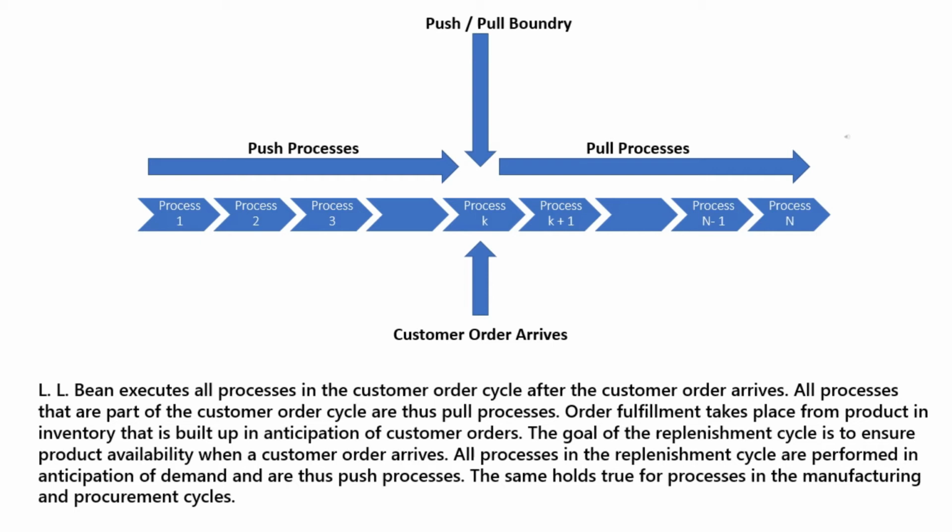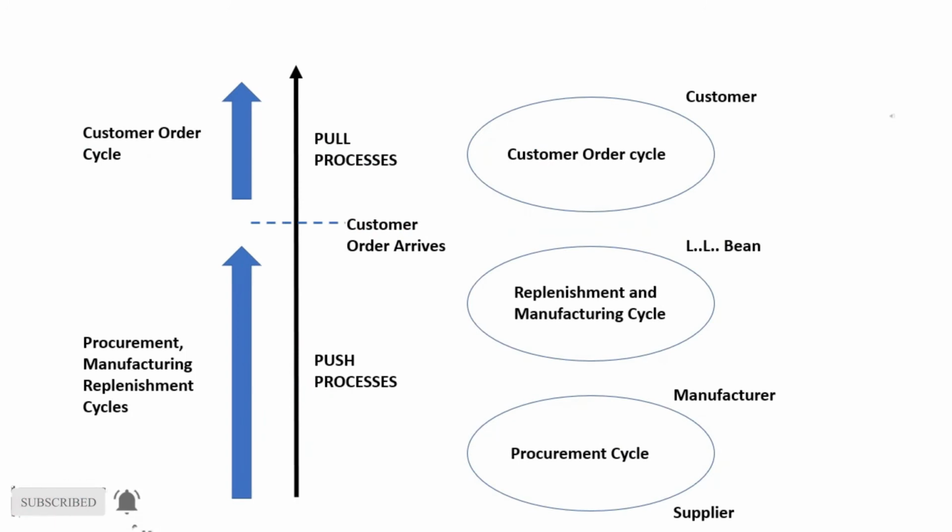So the important goal is that when a customer is ordering a product, it's the duty of the supplier or the manufacturer to give the product that the customer wants. So this is LLB's example representation.